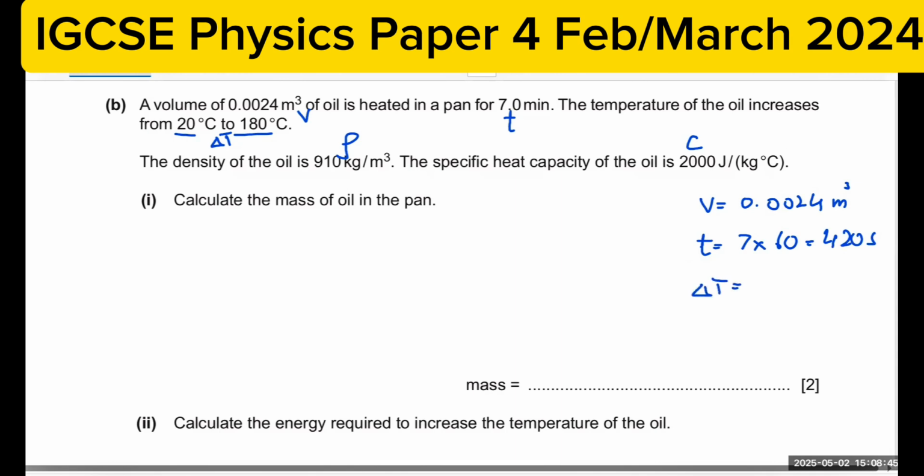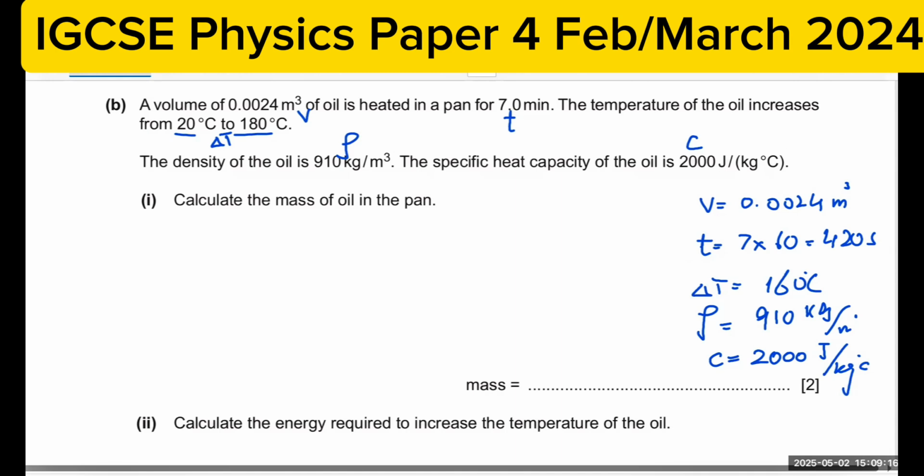How much temperature is changed? 180 minus 20 degrees, so that is 160 degrees Celsius. And the density is given, that is 910 kg per cubic meter. And the last we have the specific heat capacity, 2000 joules per kg per degree Celsius. So we need to calculate the mass.